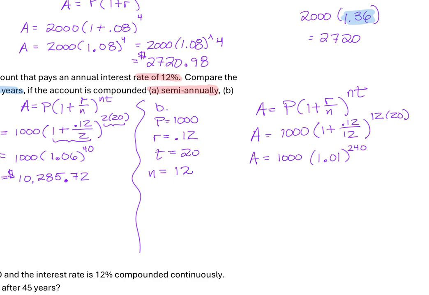All right, we're going to bring up our calculator and let's see what we get here. This time, I get 10,892.55.